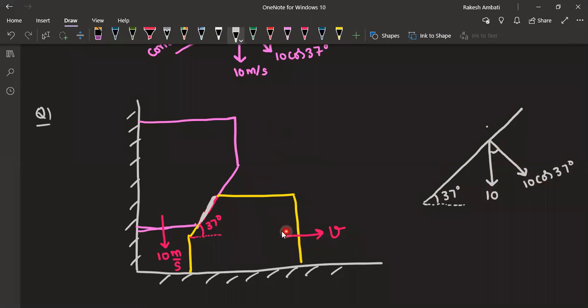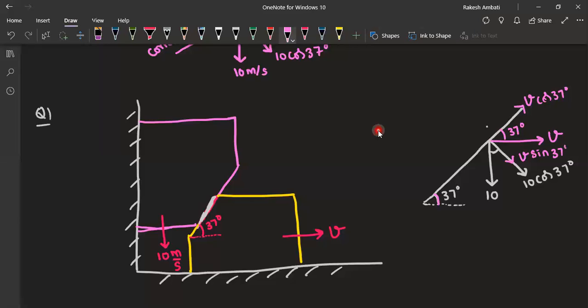Then this v velocity is exactly horizontal. So this angle is 37 degrees, and this angle is also 37 degrees. Now this v velocity resolves into components. One component is v cos 37 degrees, and in the same way, this component is v sin 37 degrees.